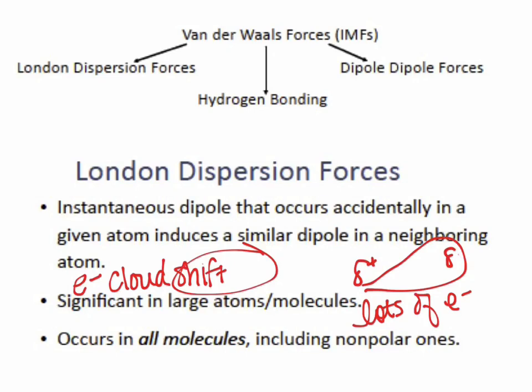Now, all molecules, whether they are polar or have dipoles or hydrogen bonds or whatever, they all have London dispersion forces. They all have them. Just because it's a dipole, you don't have to put LDF there. LDF is occurring, but it's not a priority.